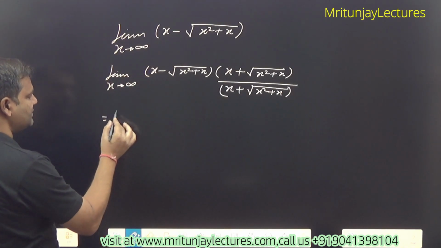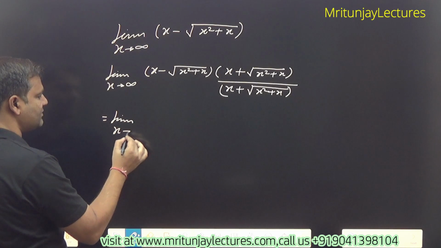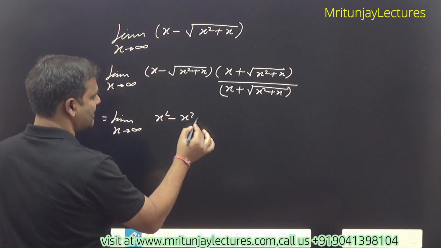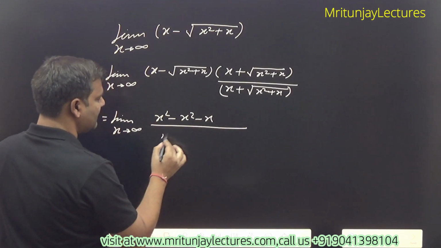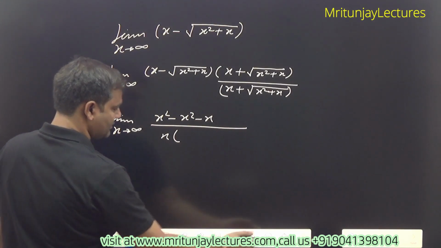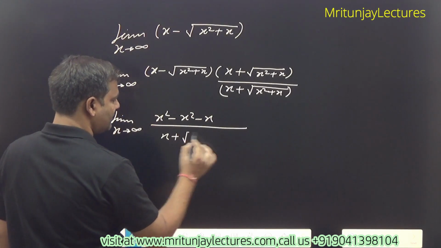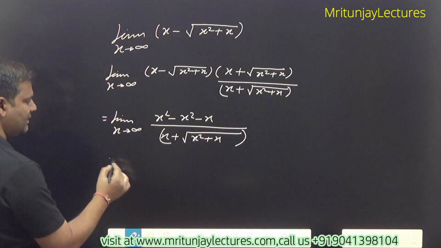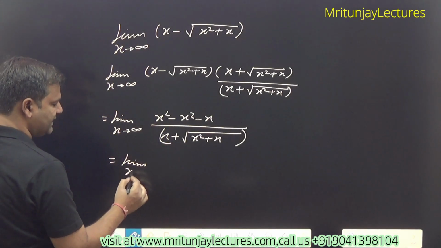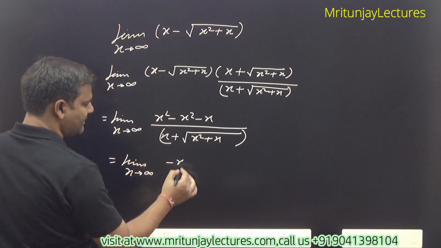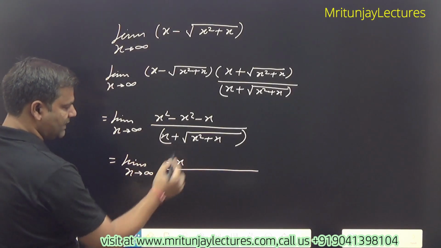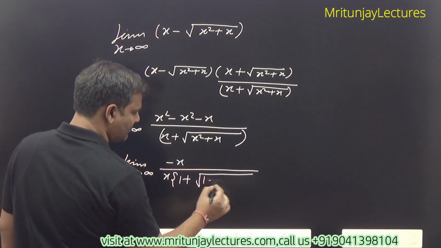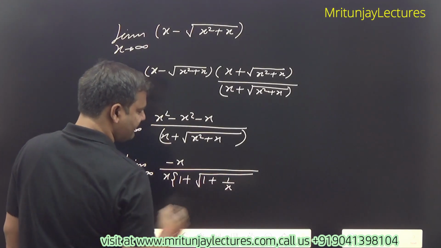Then what do we get? Limit x tends to infinity, x square minus x square plus x whole divided by x plus square root of x square plus x. Now that is written as limit x tends to infinity, minus x divided by... if x is common, then 1 plus square root of 1 plus 1 upon x.